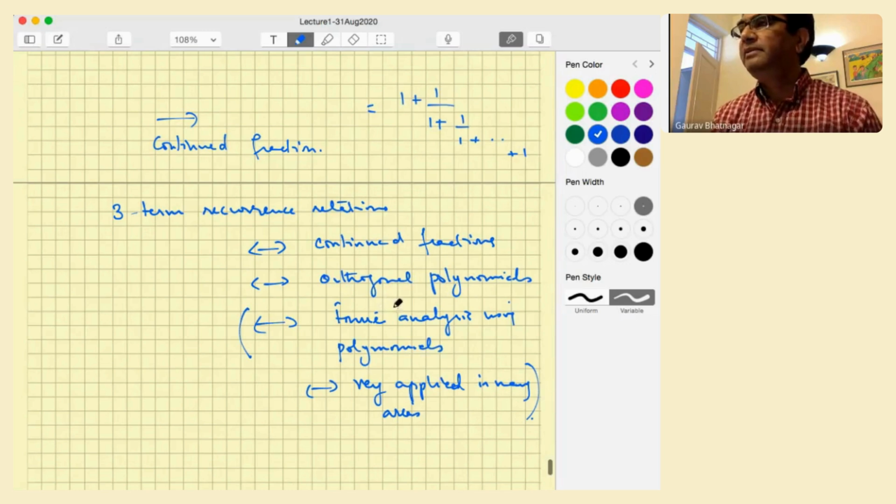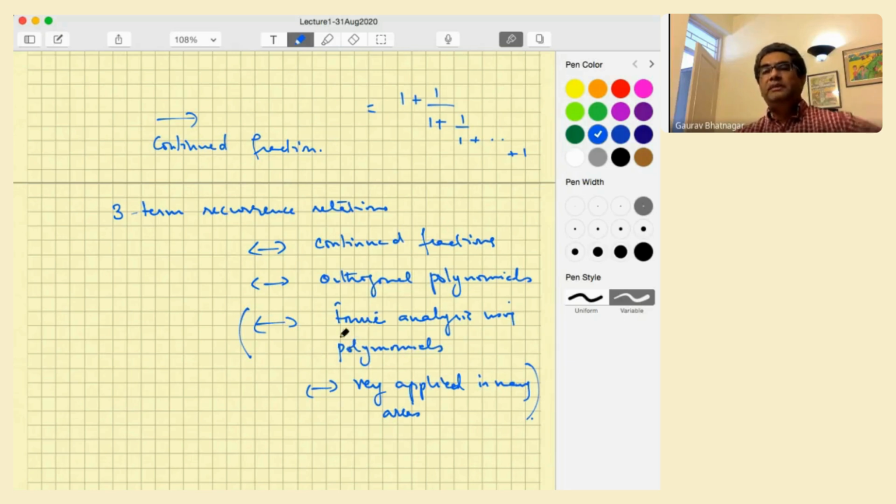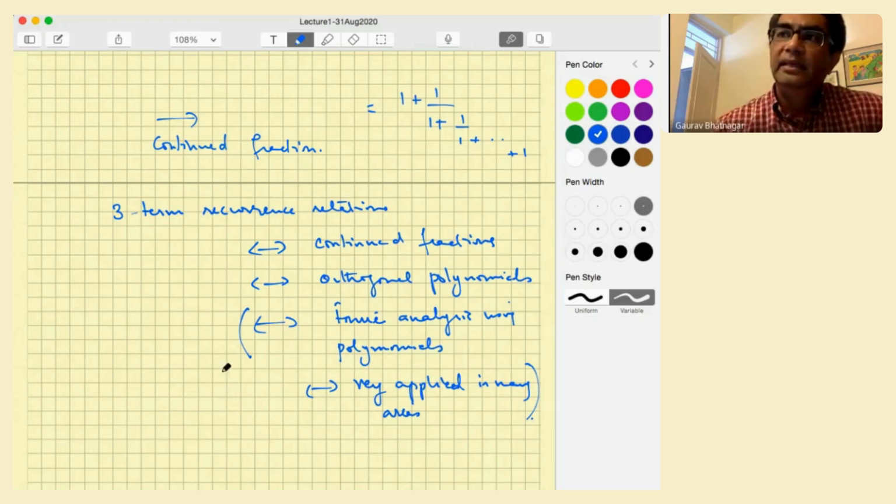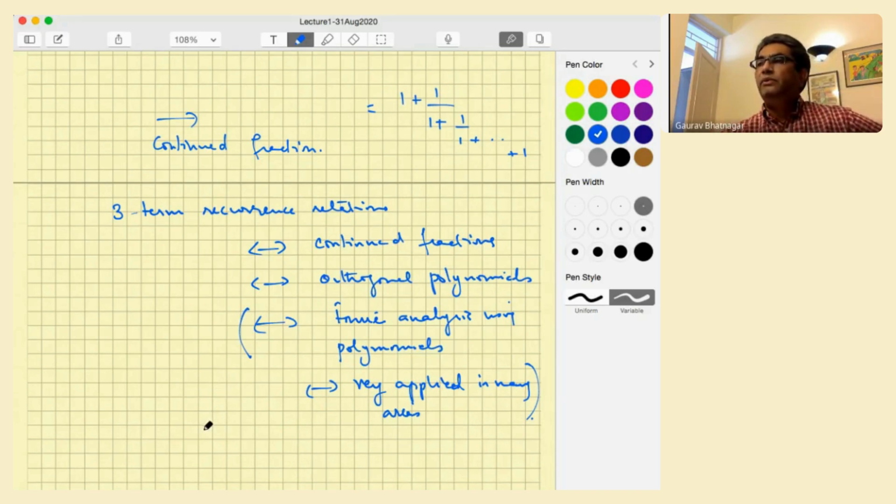The three-term recurrence relations define orthogonal polynomials. By orthogonal polynomials, I mean exactly what you see in Fourier analysis. Some integral is equal to 0 or 1, and then using that you can write any function in terms of these functions, and then the properties of these specific functions come into play.